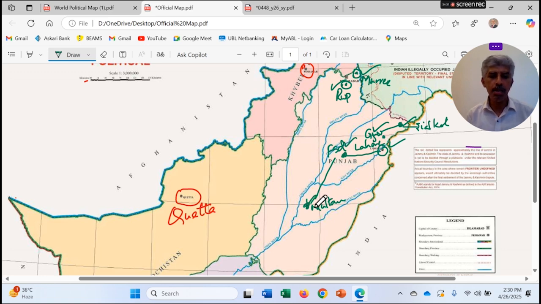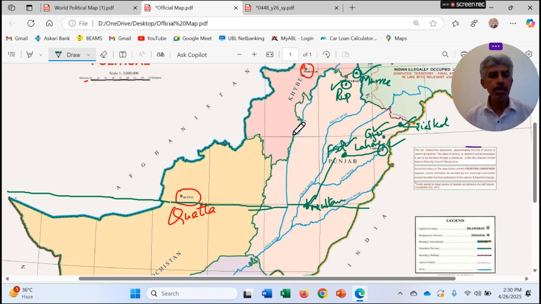These are the cities, and one again very important factor, as I told you while explaining the longitudes and latitudes: if I talk about the 30-degree line, which was just in the north of this edge towards Afghanistan on the Pakistan map, if I draw this line over here, Multan is almost on the 30-degree line, right?